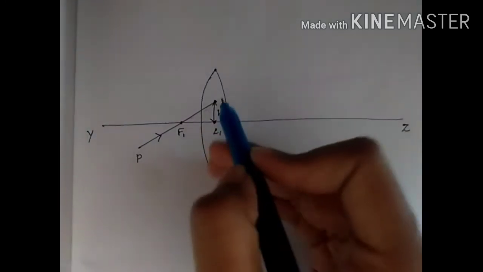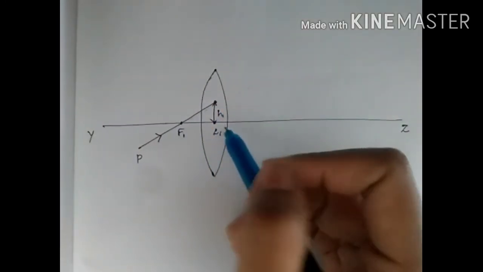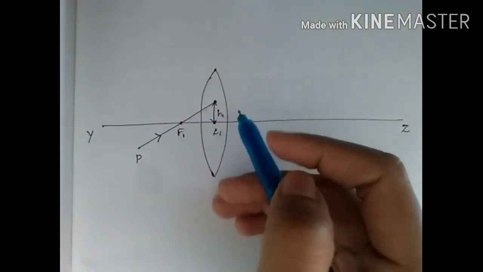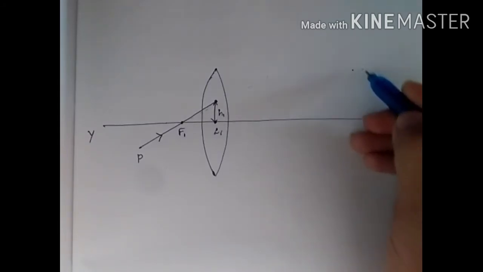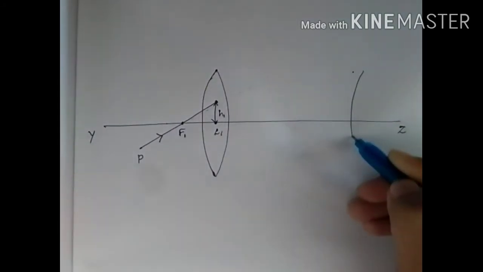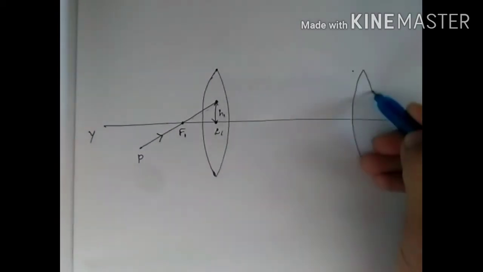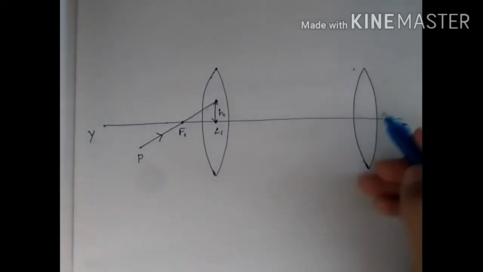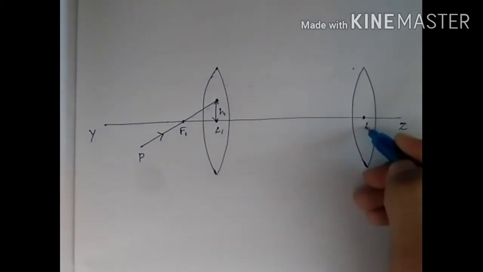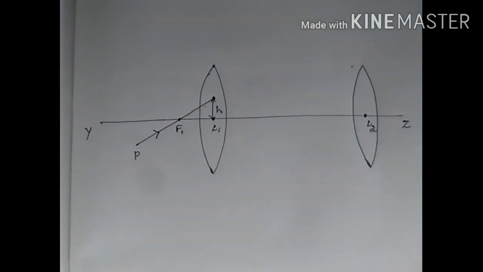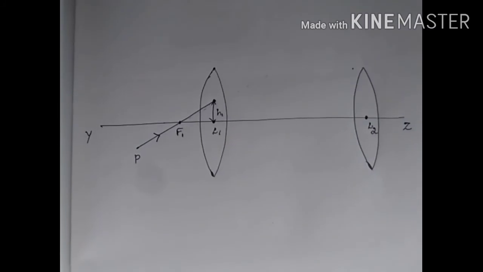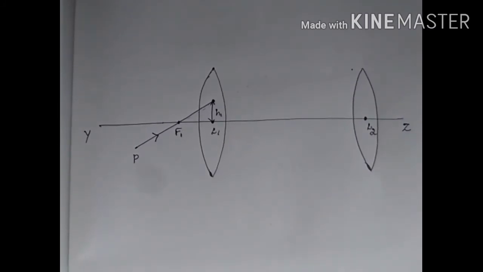Now this ray will get refracted from the lens, and falls on another lens which is kept parallel to the first lens. So this is the second lens L2. You have two lenses L1 and L2, parallel to each other.